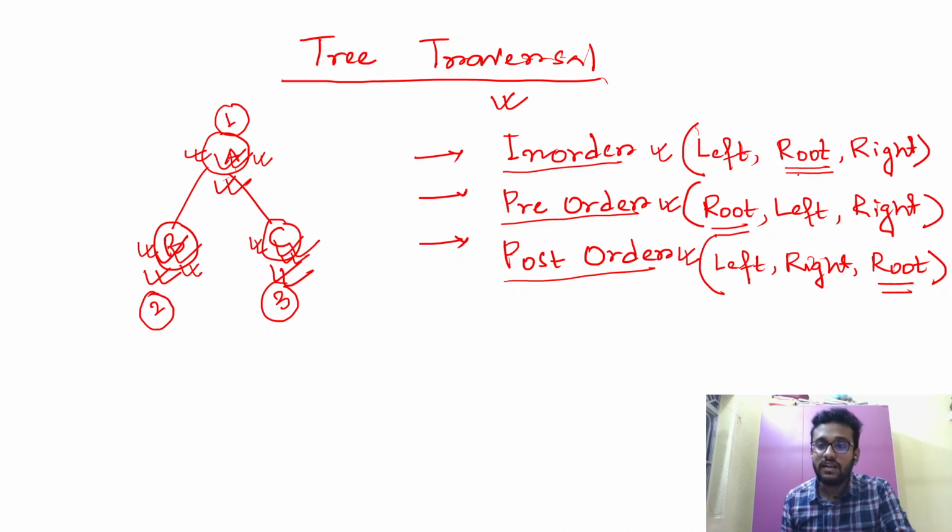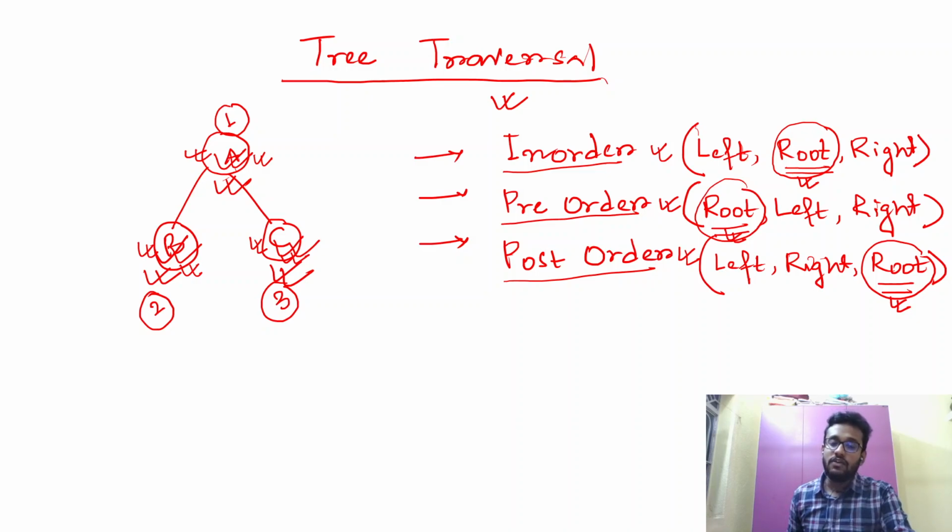If it is in the middle, it is called in-order. If it is on the left side, it is called pre-order. And if it is on the extreme right side, it is called post-order. That means we visit the root pre, post, or in the middle, in between. So that's why it is called in-order.